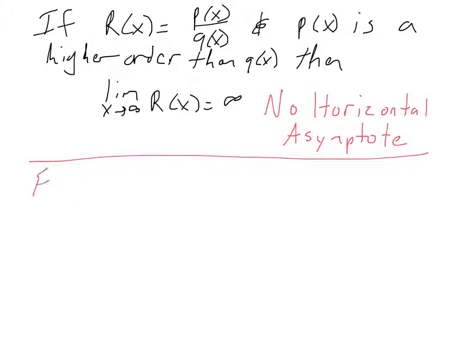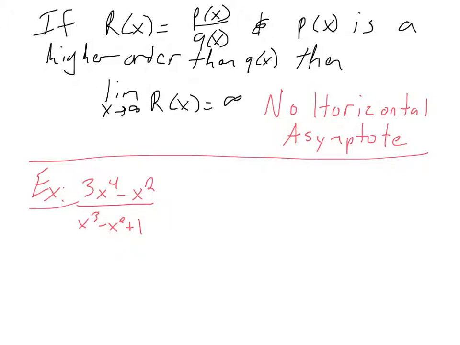So for example, let's look at the function, let's say 3x to the fourth minus x squared over x to the third minus x squared plus 1.